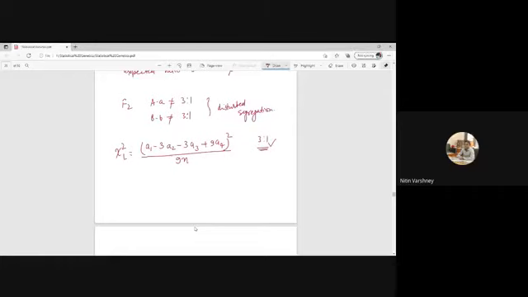But in case of disturbed segregation, I'll tell you the generalized formula. Suppose A is segregating in L1 to 1 and B is segregating in L2 to 1 ratio. Then chi-square L will be (A1 minus L2 A2 minus L1 A3 plus L1 L2 A4) whole square upon L1 L2 n.